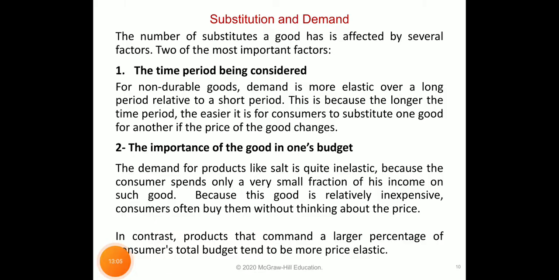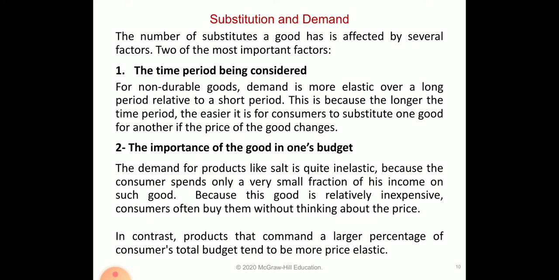So this is very important: if you have plenty of time, you can choose between more than one substitute. If you don't have time, you have to choose this specific good, even if its price is so high. The second factor is the importance of the good in one's budget. The demand for products like salt is quite inelastic because the consumer spends only a very small fraction of his income on such a good because it's very cheap, you know that.